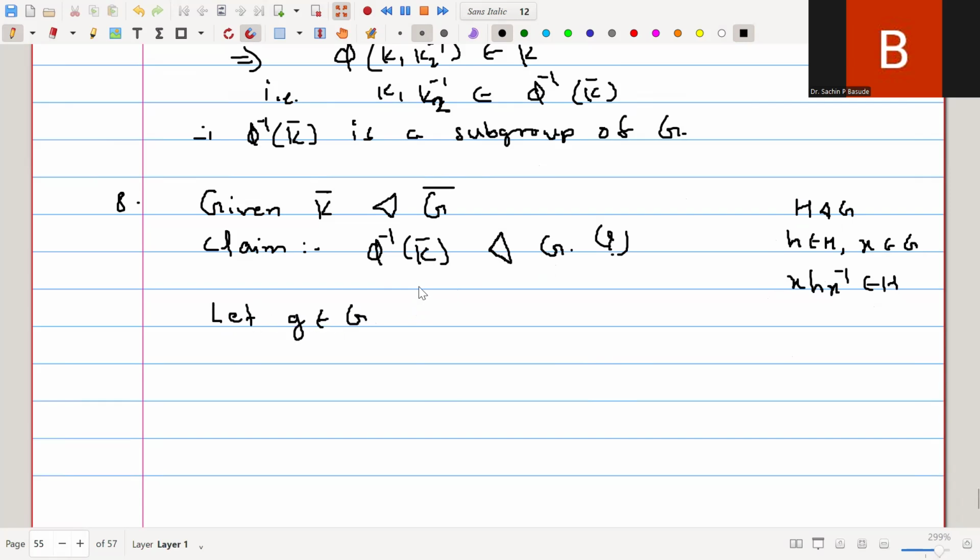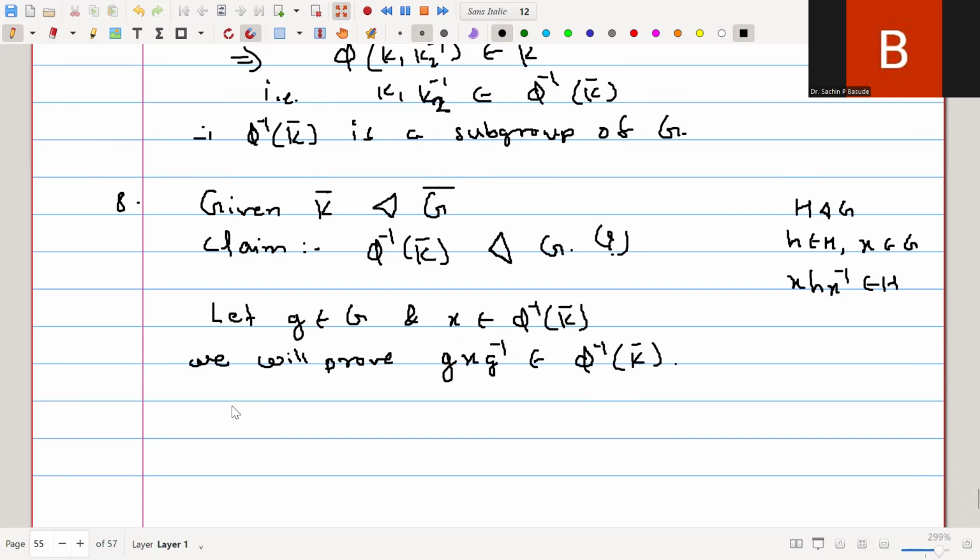Let g belong to G and x belong to phi inverse K bar. We will prove that g x g inverse belongs to phi inverse of K bar.